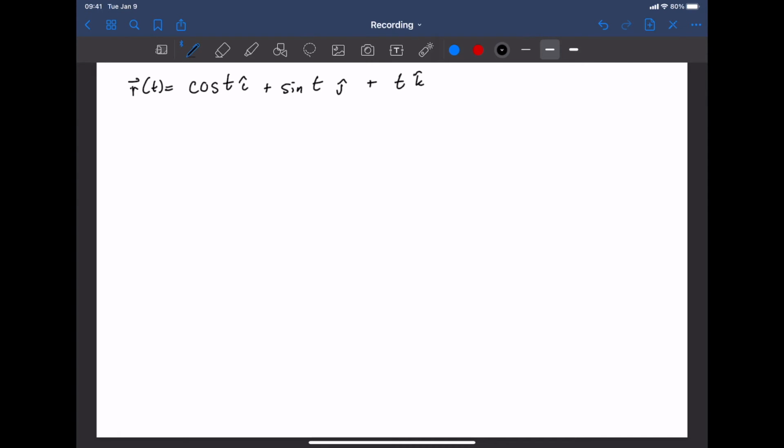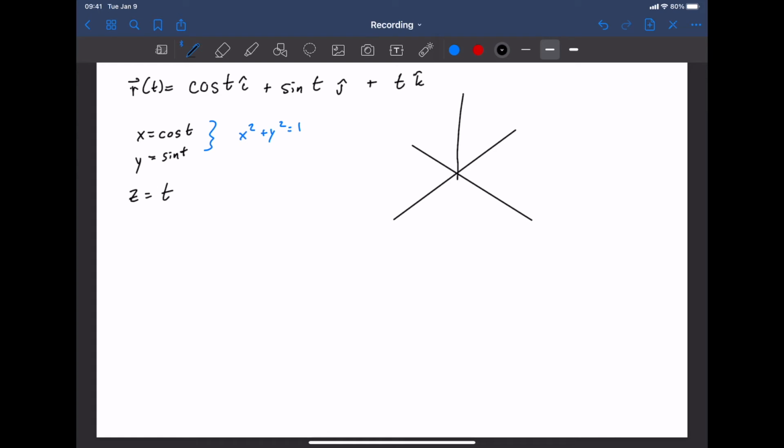So one more time, we'd still have x equals cosine t, y equals sine t, z equals t. So in this case, we'd have x squared plus y squared equals 1. That is our normal, I almost want to say stereotypical cylinder projected along the z-axis.